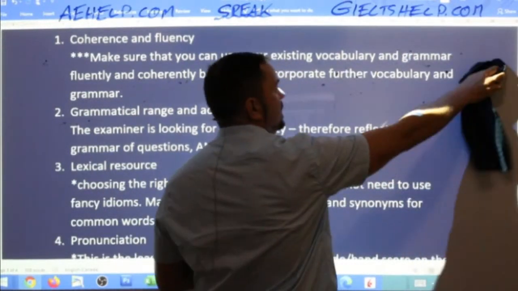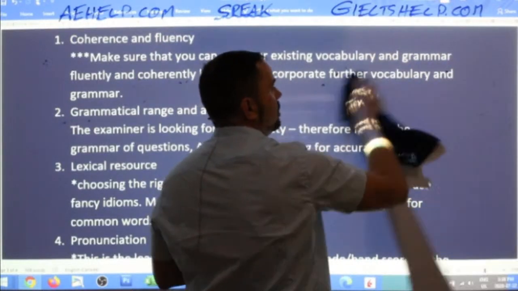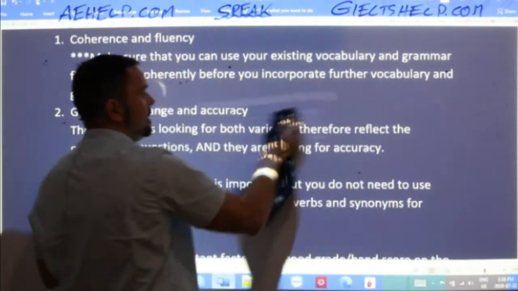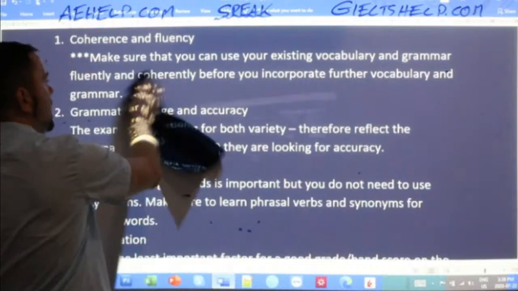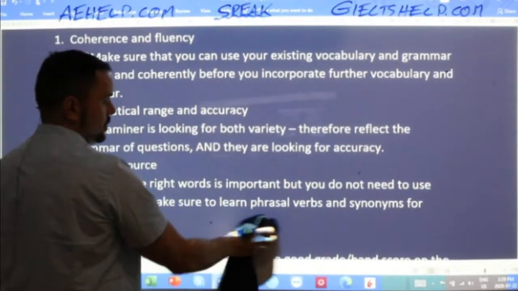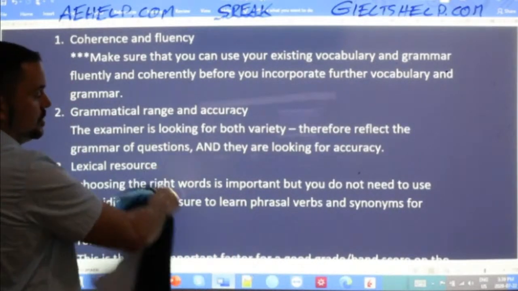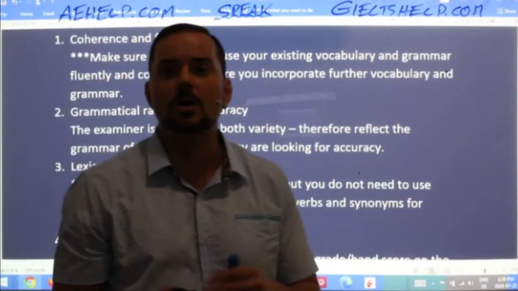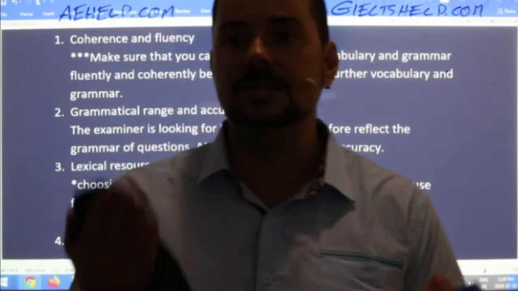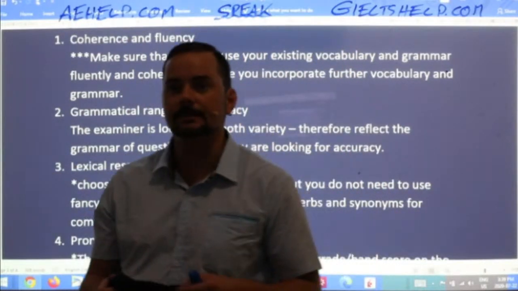Is that clear? Does it help everybody understand a little bit better what the examiners are looking for? So when you're practicing, you want these to be balanced. Okay? You want your fluency, your coherence, your lexical resource, your grammar. You want all of that to be as balanced as possible. Okay? All right?